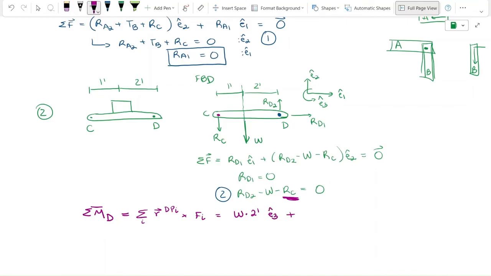And then the same thing goes for this. The RC reaction causes the rotation this way, which is also in the E3 hat direction. So that is going to be a distance of here, which is 3 feet, times RC, E3 hat. And this is equal to 0. So this means that 2W plus 3RC is equal to 0.